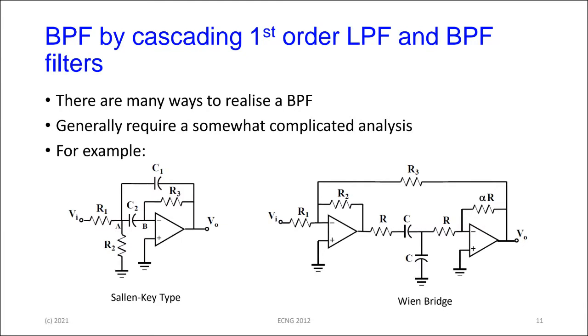Most of them require a fairly complicated bit of circuit analysis, not anything beyond you by any means, because there are no integrations and differentiations in there. But the expressions tend to be a little bit long, and the algebra is a little bit tedious. Two types that are on the page is Sallen-Key, which is the type that we've introduced before.